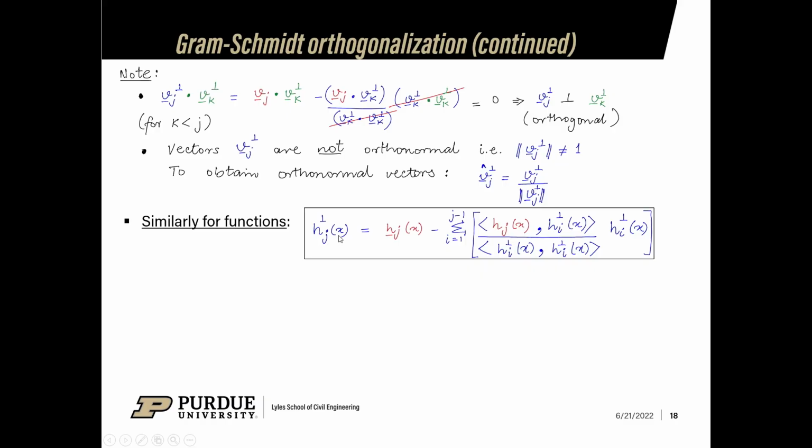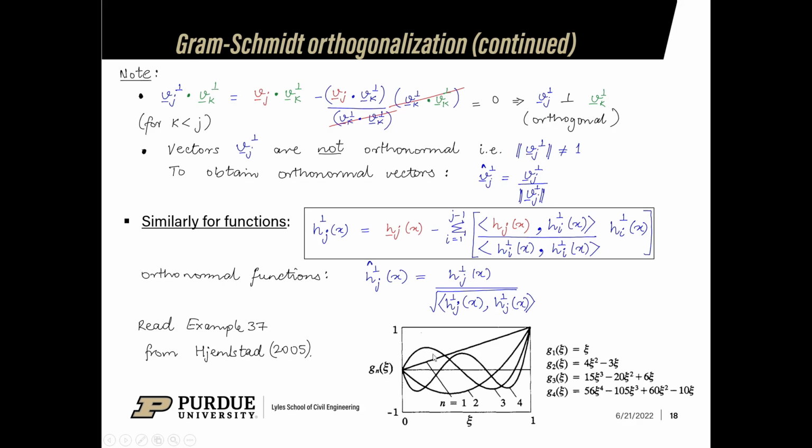So I have a function h_j of x, and the orthogonal function is created from a given non-orthogonal function by subtracting its components along all the previous functions using the inner product definition, where i goes from 1 to j minus 1. You can then create orthonormal functions, with a hat on top, by simply dividing a function by a scalar equal to the square root of its inner product with itself. So these would be orthonormal functions.